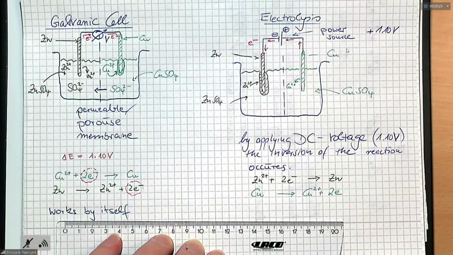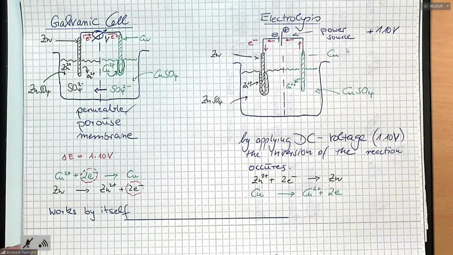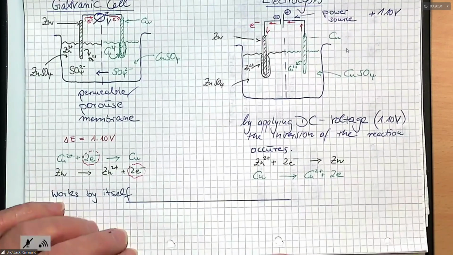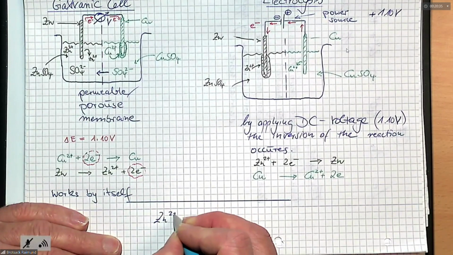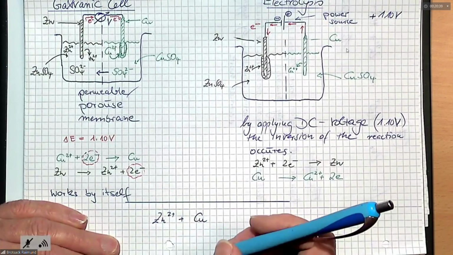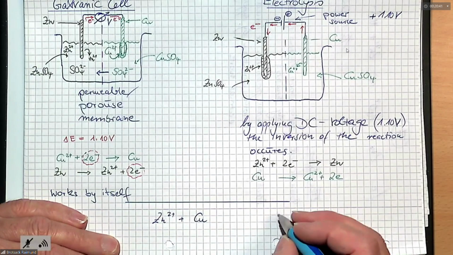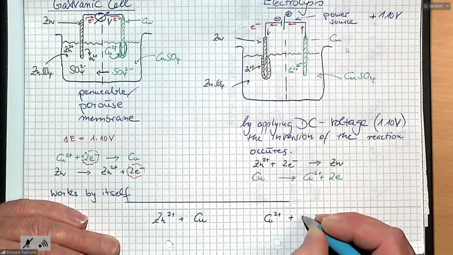So when we look to the system, the overall system, we can say we have zinc 2 plus and copper. And we have here copper 2 plus and zinc.